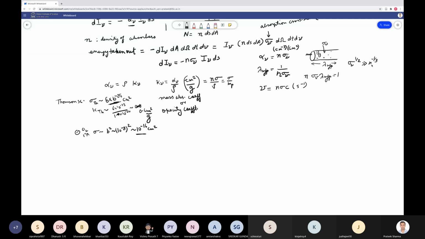If n is the number density of particles, n to the minus 1/3 is the mean distance between the particles.